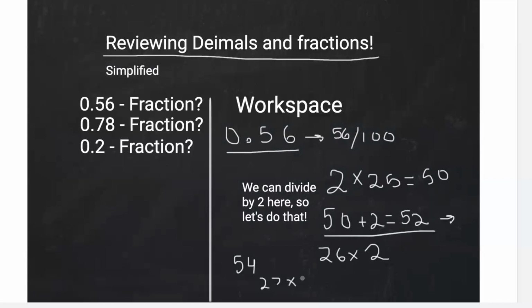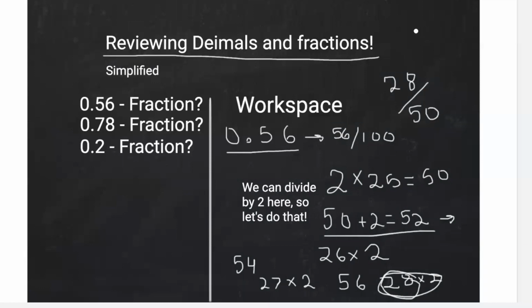And then if I add 2, that was just 27 times 2, that would be 28. So that's my answer right there, 28 out of 50. Because remember, if we divide the denominator, we have to do it with the numerator. So that would be 28 out of 50, because remember, 100 divided by 2 is 50.